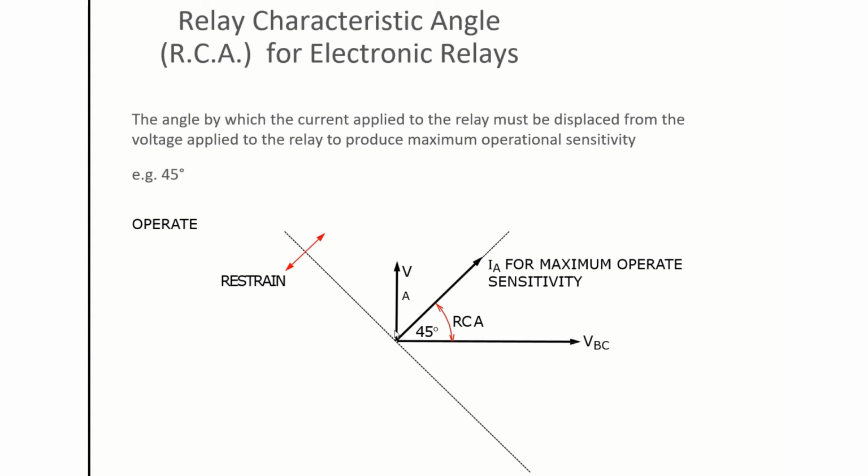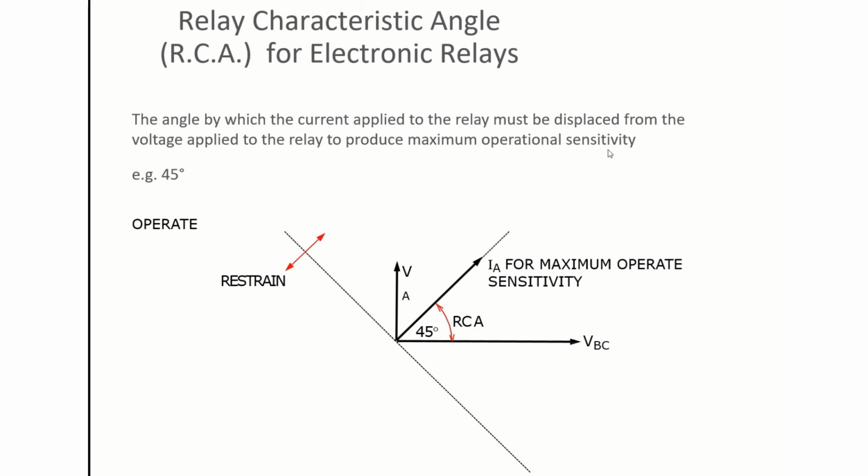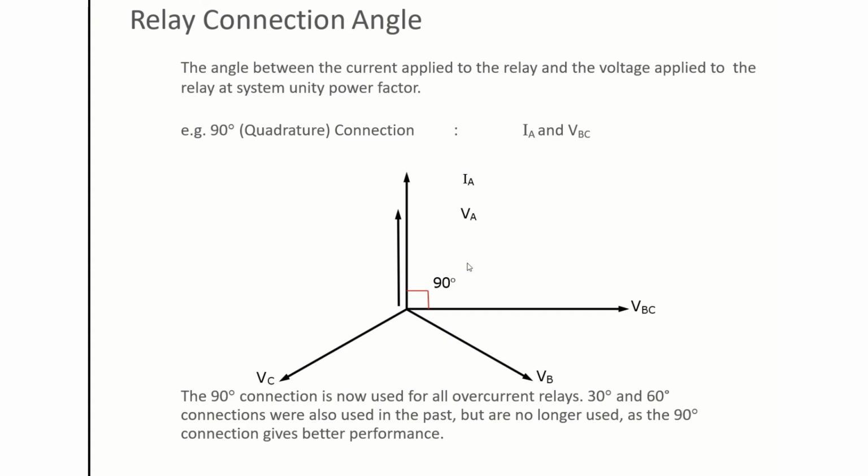So, the RCA is the angle by which the current applied to the relay must be displaced from the voltage applied to the relay to produce maximum operational sensitivity. In case of electromechanical relay, we only have the connection angle and we are not changing anything. We are just applying the current IA, not at any angle.